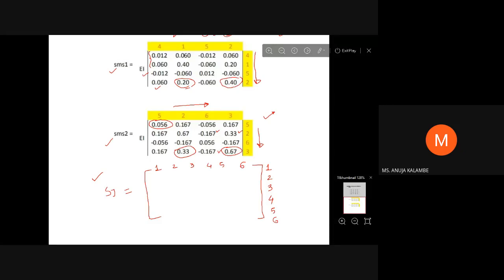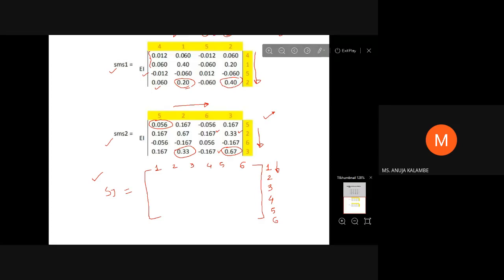Which coefficient, which pair are we considering? We are taking the 1 to 1 pair, the vertical direction coding 1 first, and for that 1 to 1 we are finding out the value. So from these 2 SMS matrices, we are finding out that coefficient.